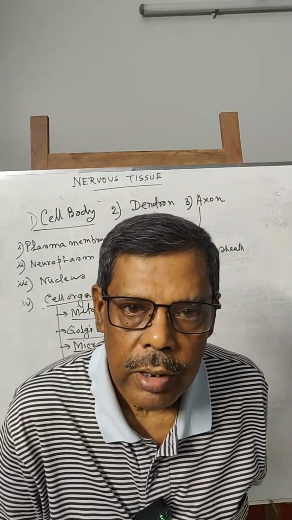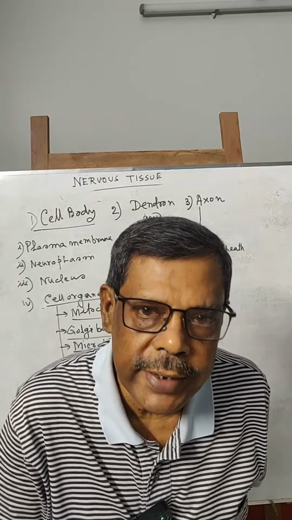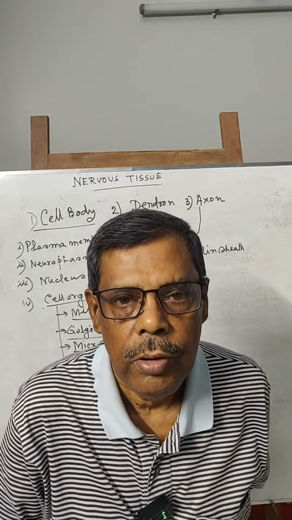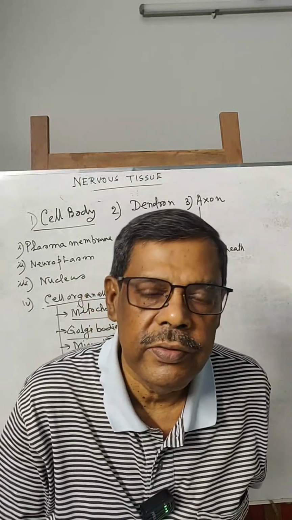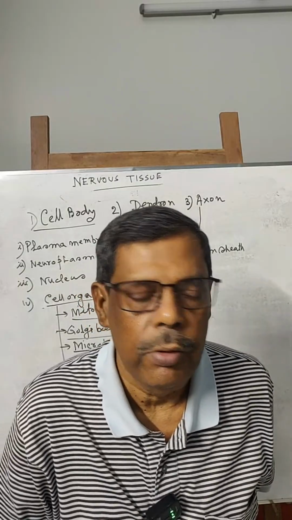The neuron in which the myelin sheath is present is called a medullated neuron. Or if there is no myelin sheath, it is a non-medullated neuron.